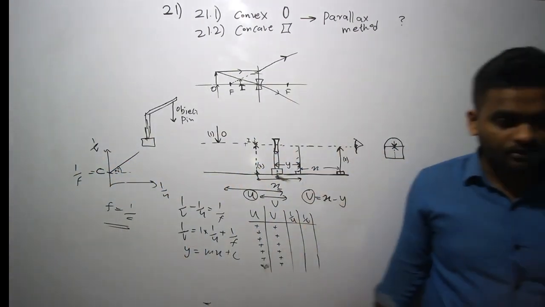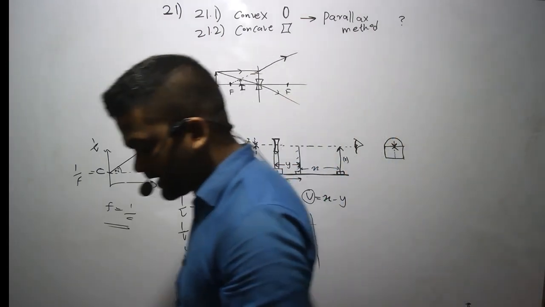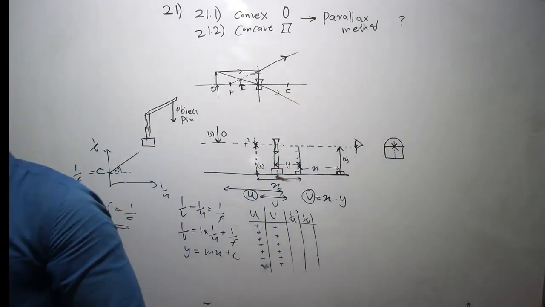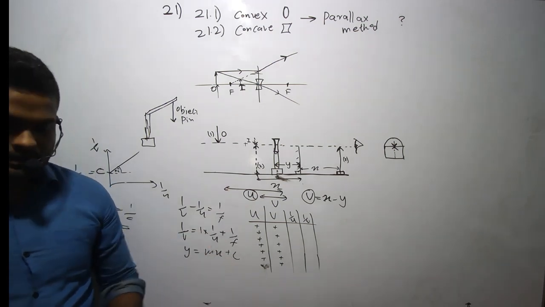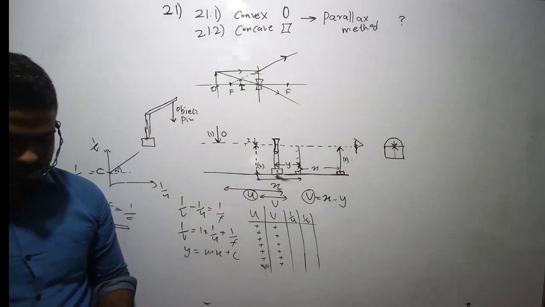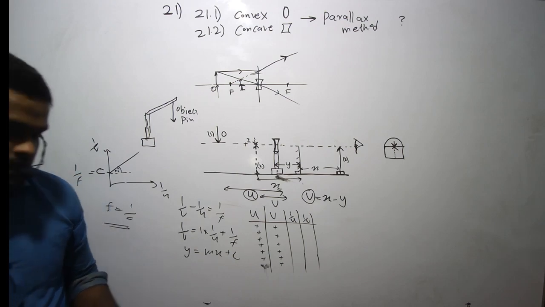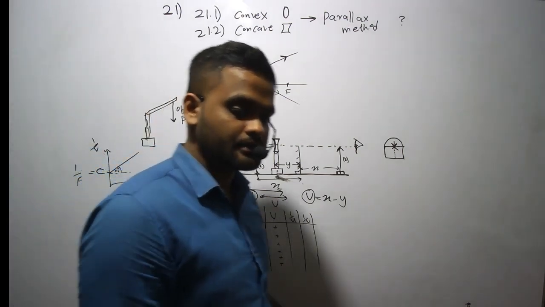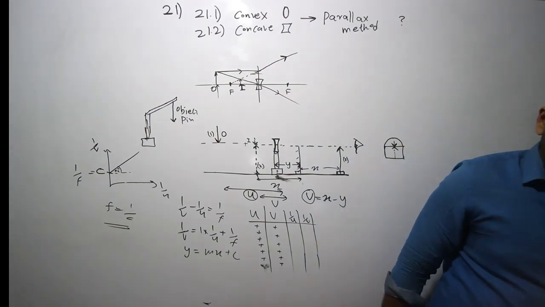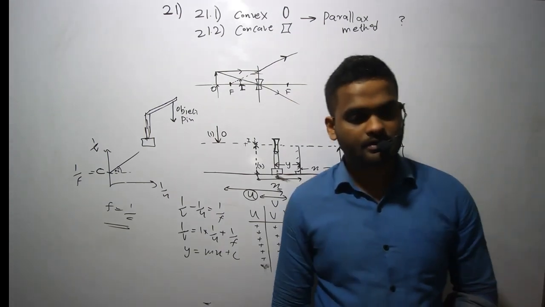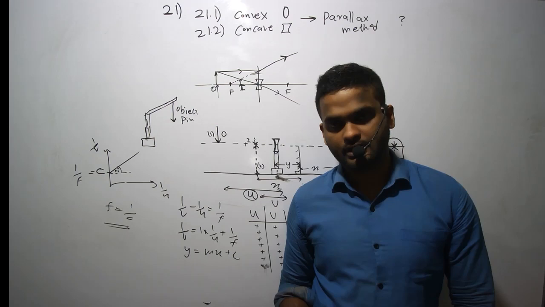You can take this down. Write down these points. A concave lens, write down this under the discussion, okay?